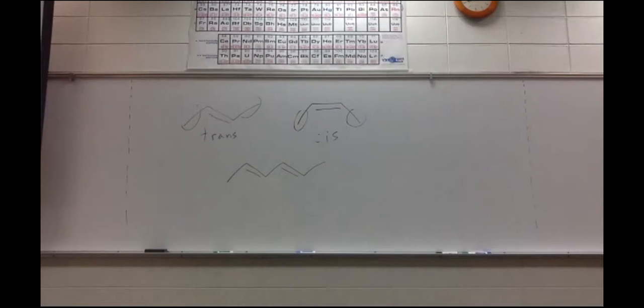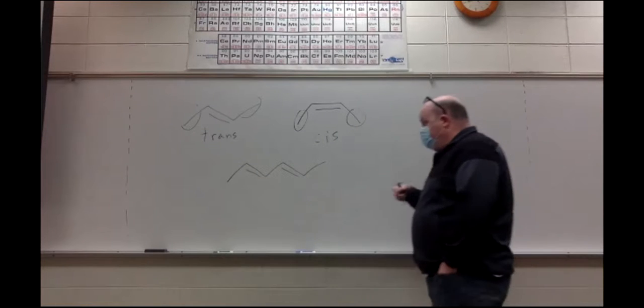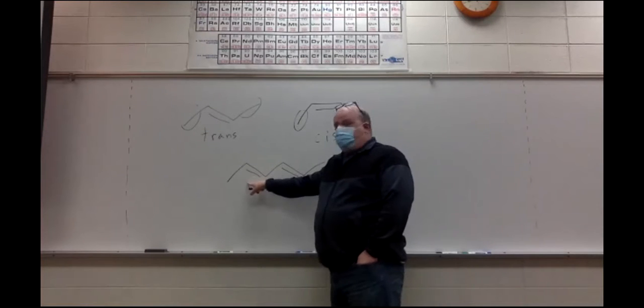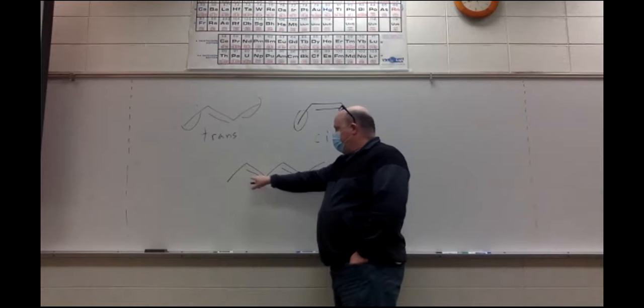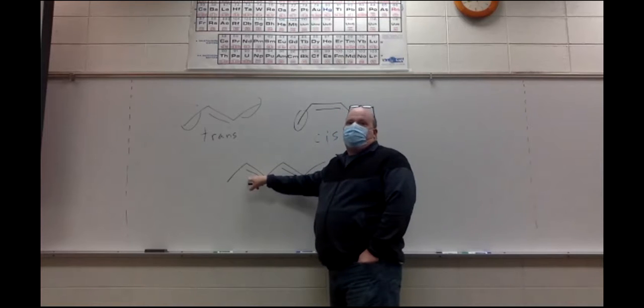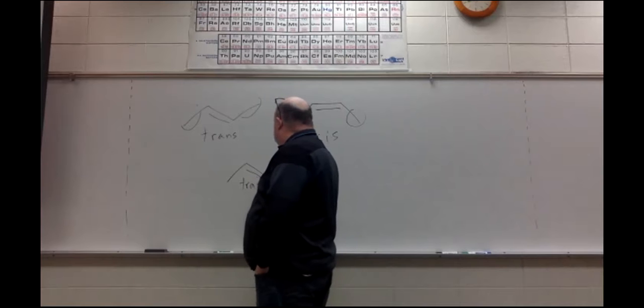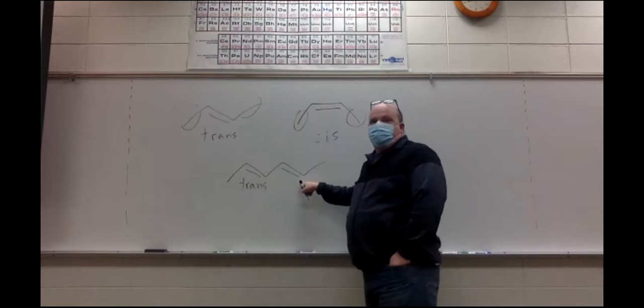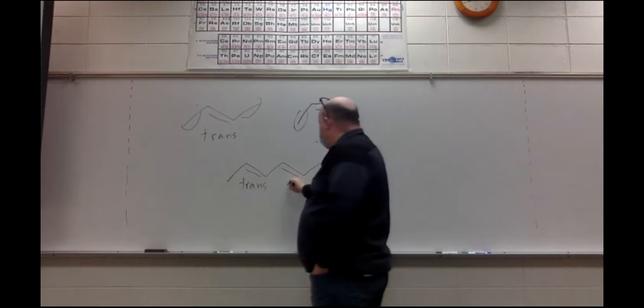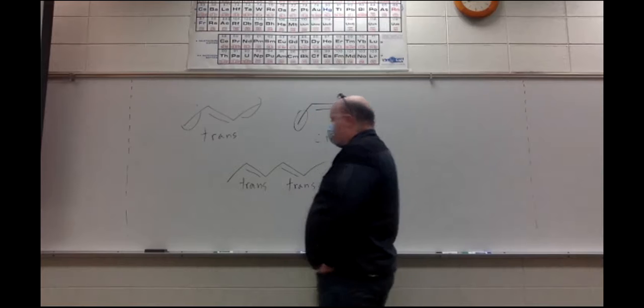In this case, you'd have two double bonds, and you could describe two different stereochemical relationships. You could describe the stereochemistry around this double bond, or around this particular double bond. Trans. What about this one? Also trans. So this one has trans-trans.